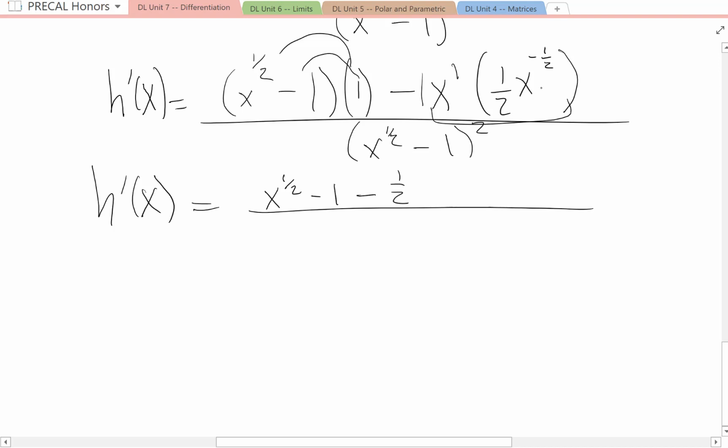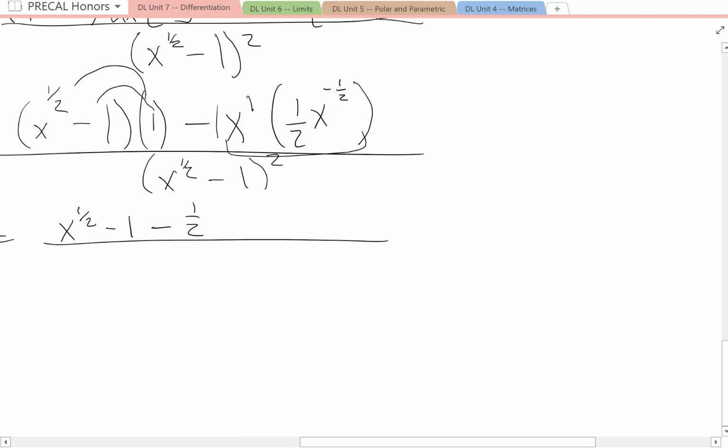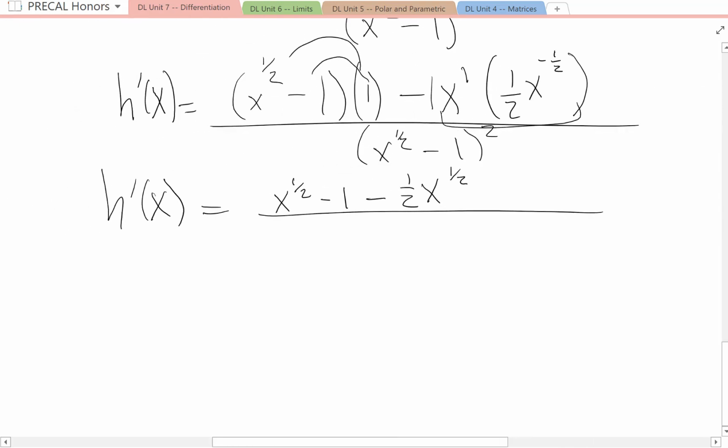And then you're multiplying an x to the 1/2 times an x to the negative 1/2. x to the 1 times x to the negative 1/2. Remember, when you multiply the same base, you add the exponents. So 1 plus negative 1/2 is positive 1/2. That ends up being a positive exponent.